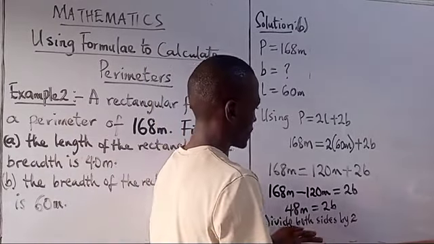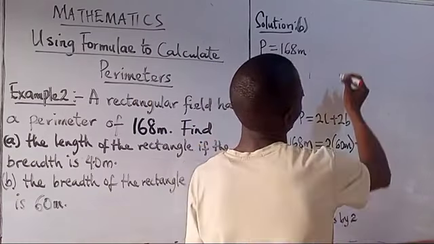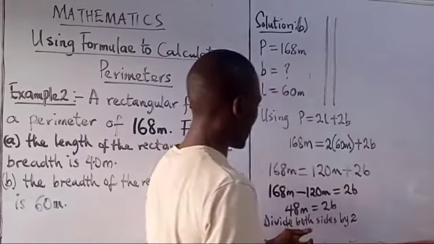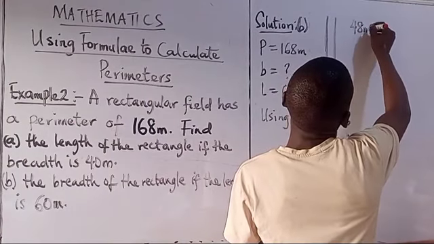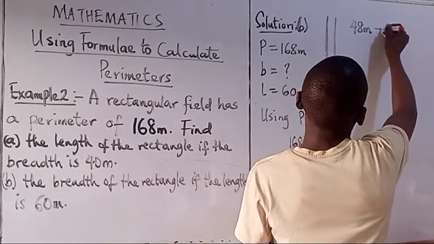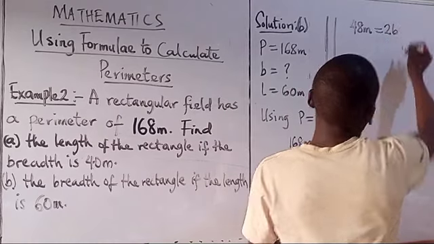Let me conclude it here. Dividing both sides by 2, I'm going to have 48 meters equals 2B.